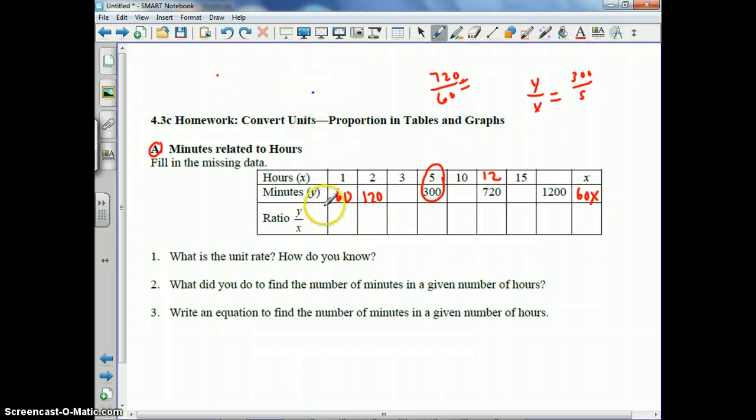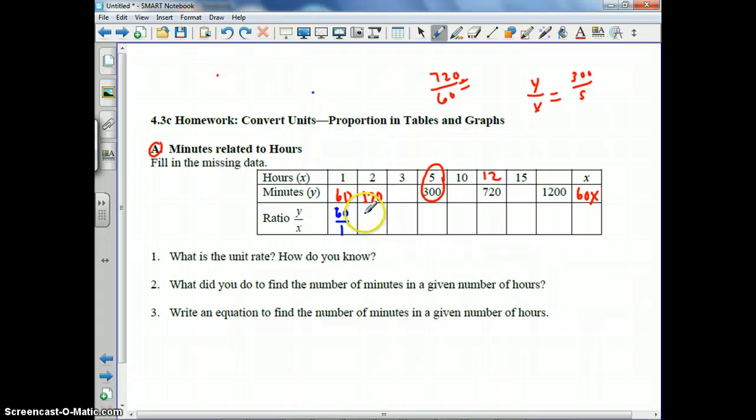All right, if you look at the ratio from the back side of this page, it'll make sense. Basically, you're just putting your y over your x. So, look here. What's the y value? On this one, what's the y? 60. What's the x? 1. Let's do it here too.